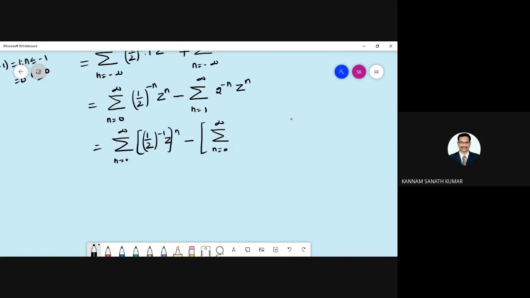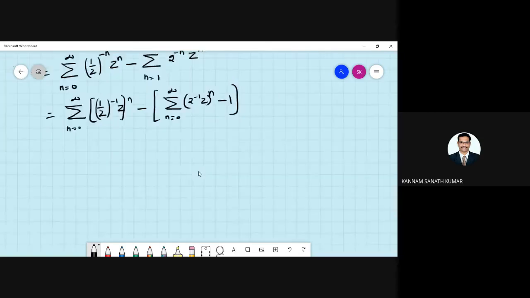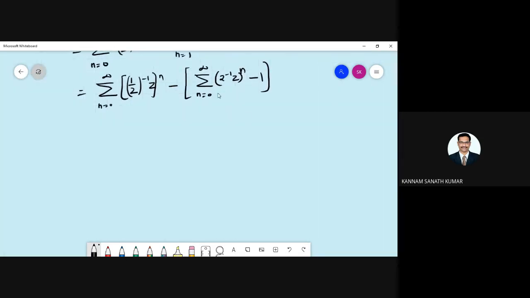So this one you can write as 2 power minus 1 into z whole power n, minus 1 will be there. In the previous problem I told you, so based on that I'm writing directly.